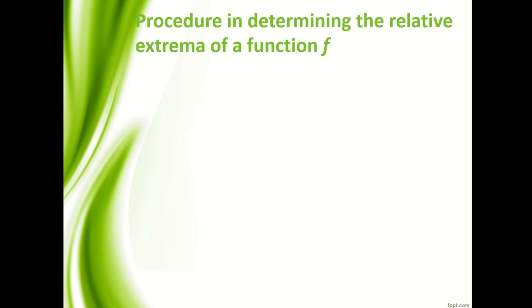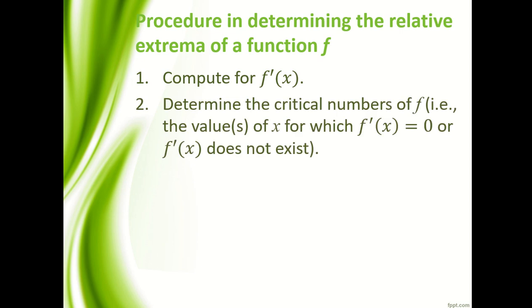Okay, so that's how to remember, class. Now we have here a procedure in determining the extrema of a function f. The first one is you have to compute for f prime of x. Then the second one, determine the critical numbers of f, that is the value or values of x for which f prime of x equals 0 or f prime of x does not exist. No? That's to determine the critical numbers. And the third step is to apply the first derivative test, to determine the relative extrema.